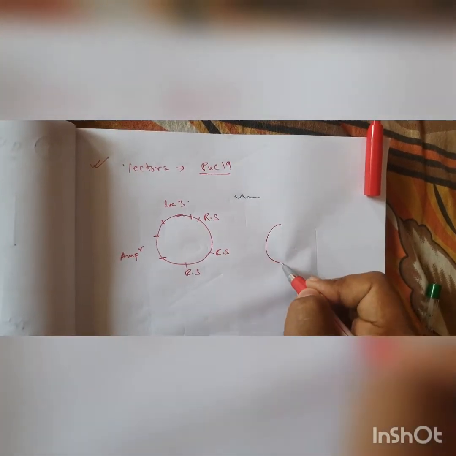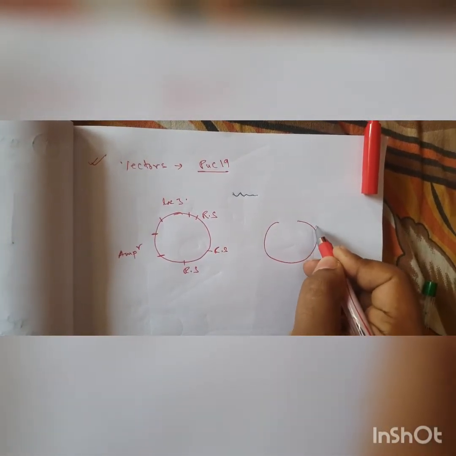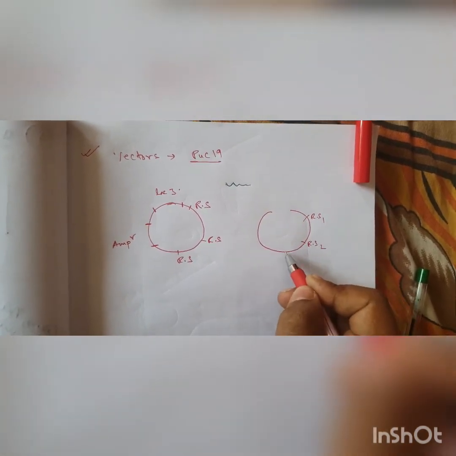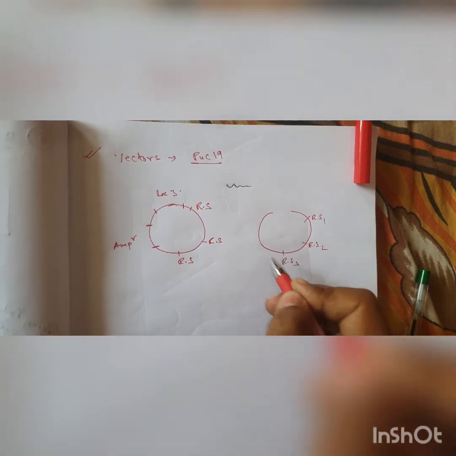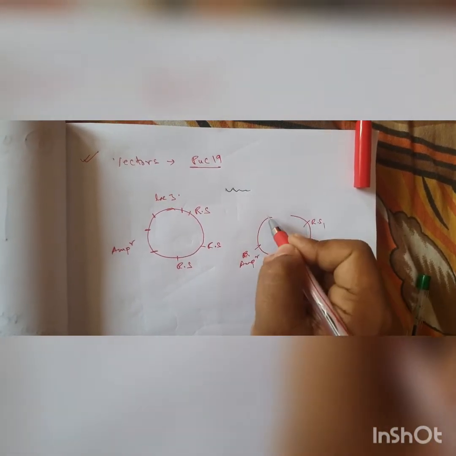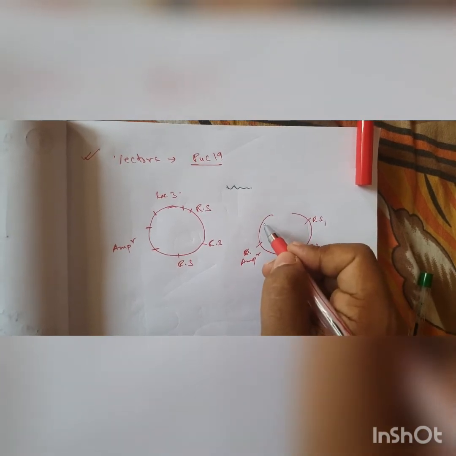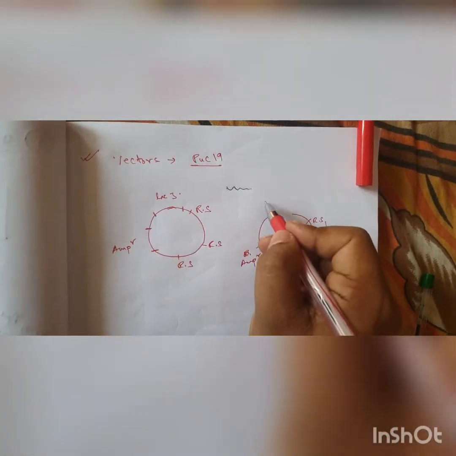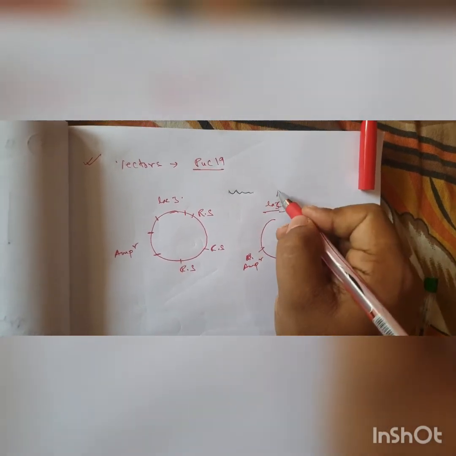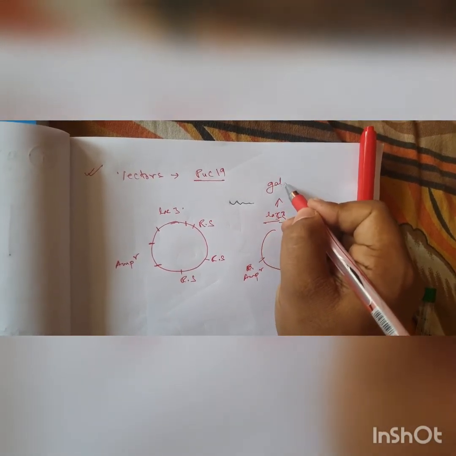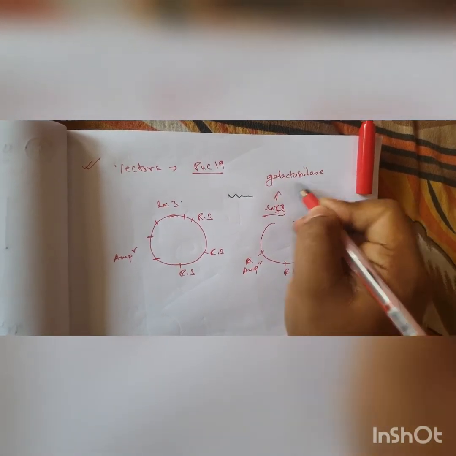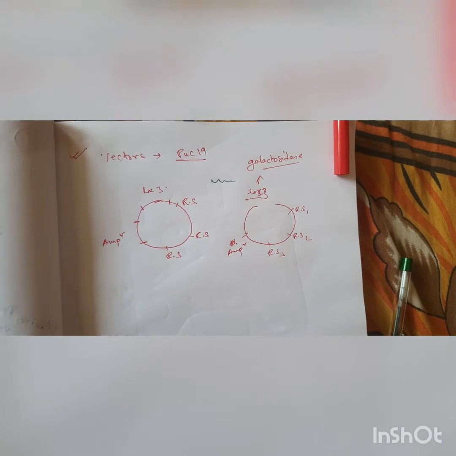So the restriction site 1, the restriction site 2 of a different enzyme, the restriction site 3 is already there. Ampicillin resistance gene is also there. And in the place of the LacZ is a galactosidase producing gene.